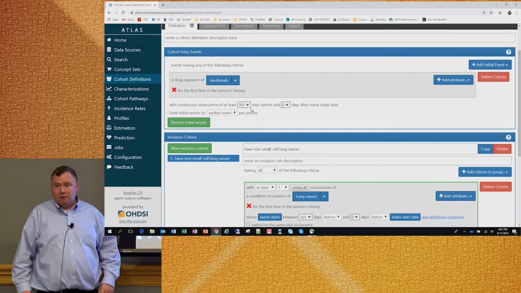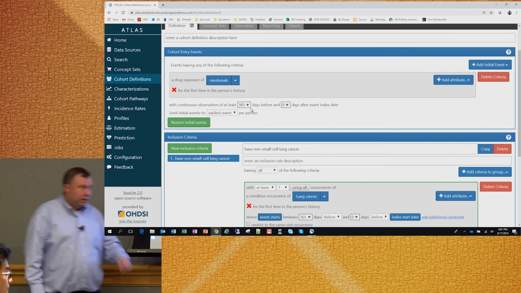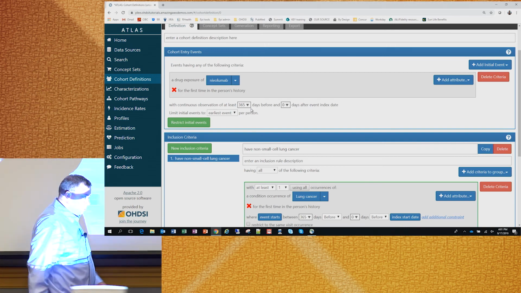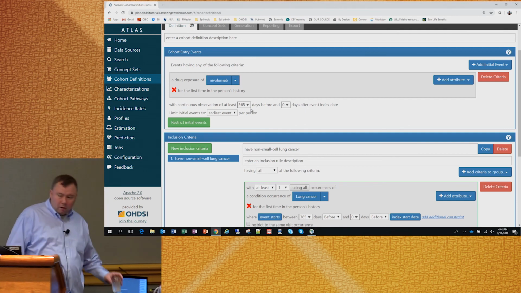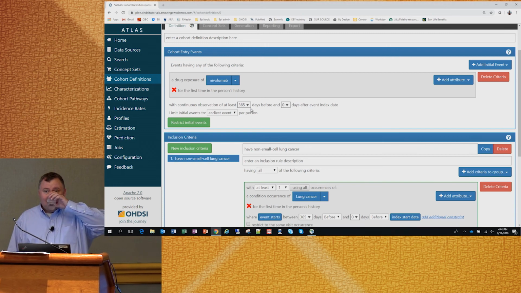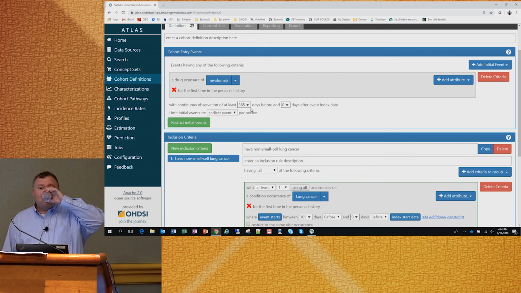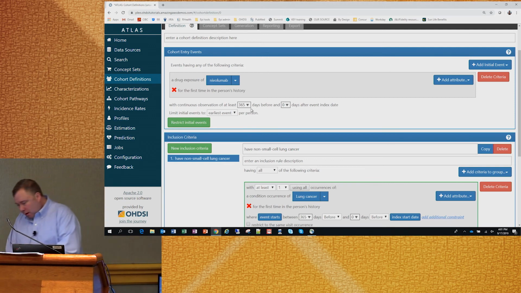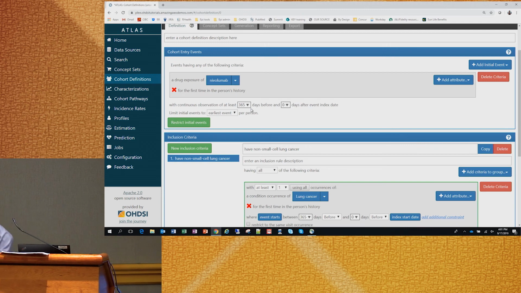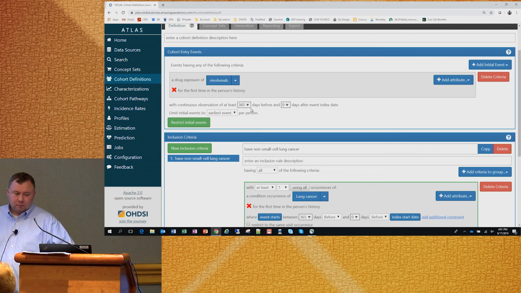Does that make sense? If you saw somebody whose first record in the database was a Nivolumab exposure, you wouldn't know. You would think maybe they had that before, but it just wasn't captured in this database. But if you see the person has some visits and some conditions and some stuff that happened in the year before their first exposure, then you're a little more confident that that's the first time they've had it.